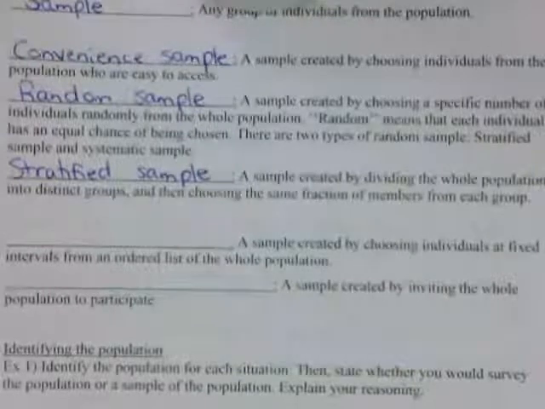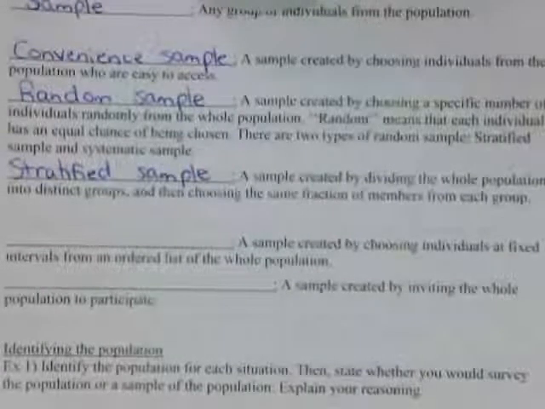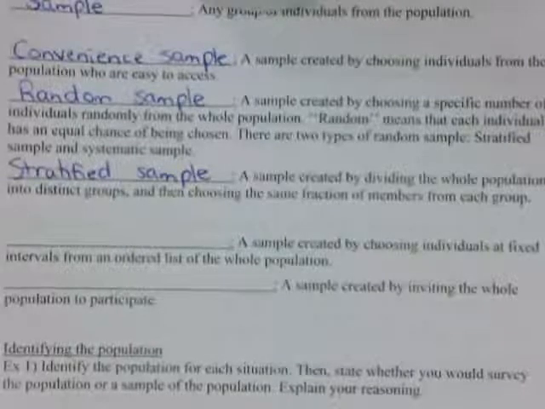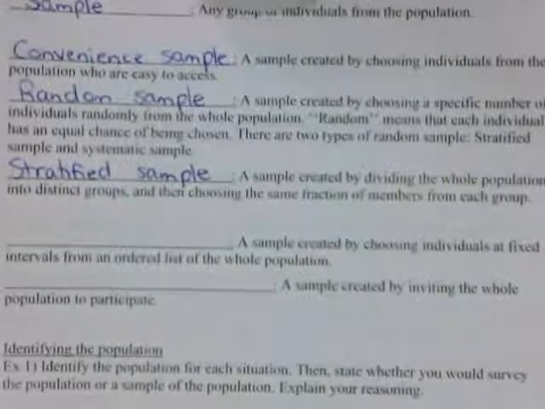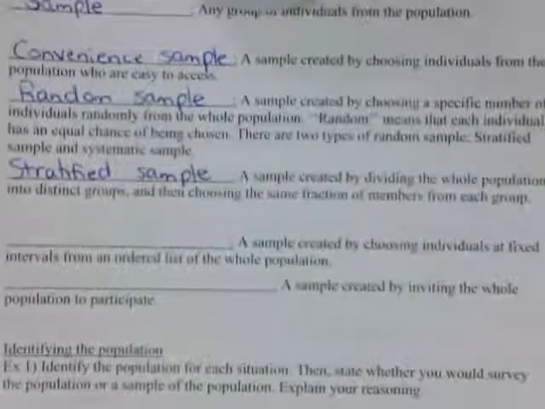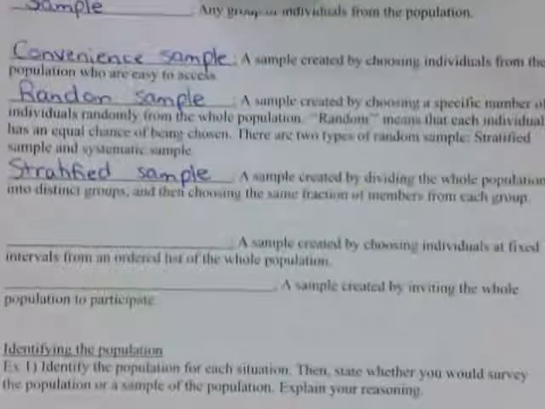So for example, if I was to take grade 9s and I split them into their homeroom, well, not every homeroom has the same amount of students, which means that I'm not picking a specific number of students because that does not represent the same percentage of each group.